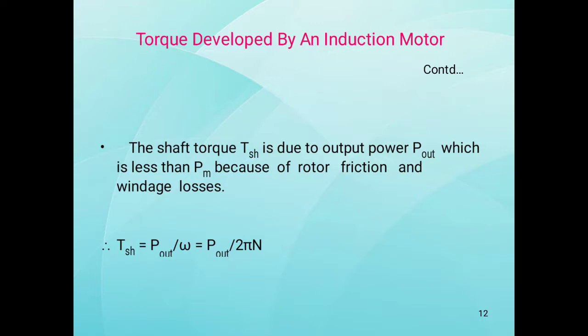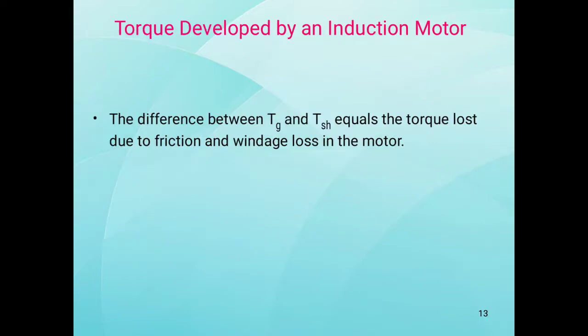So Tsh is equal to Pout by W, that is equal to Pout by 2 pi N. Now the difference between Tg and Tsh equals the torque lost due to friction and windage losses in the motor.